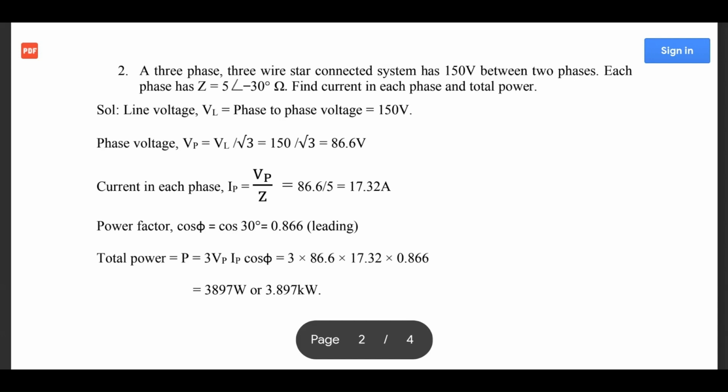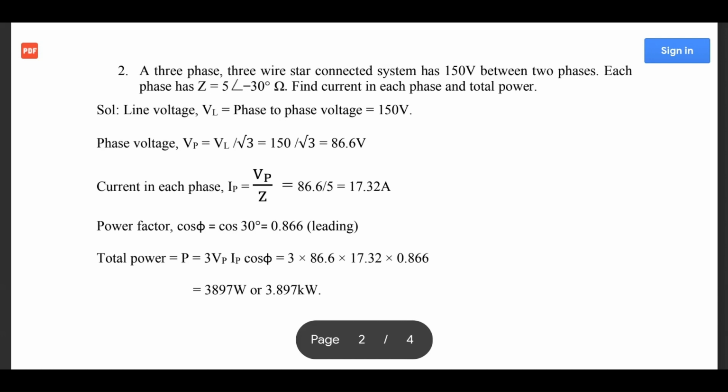But here the power factor is given as leading. How do we conclude that it is a leading power factor? The angle of the impedance is given as 5 angle minus 30.